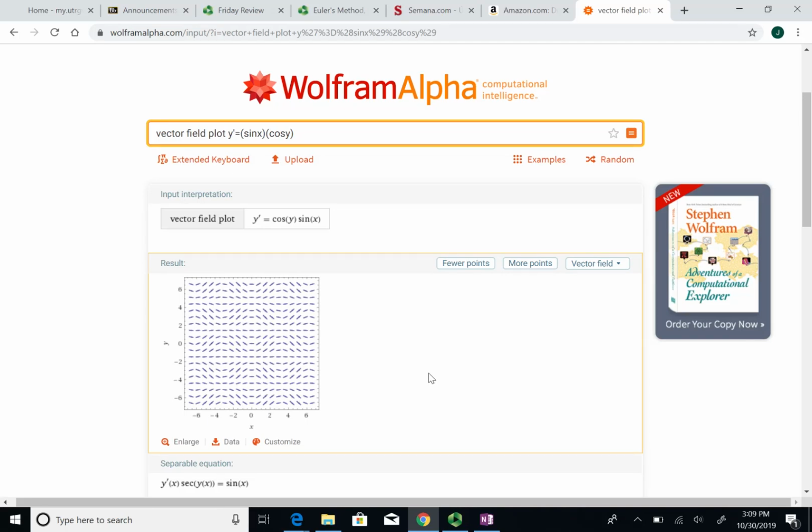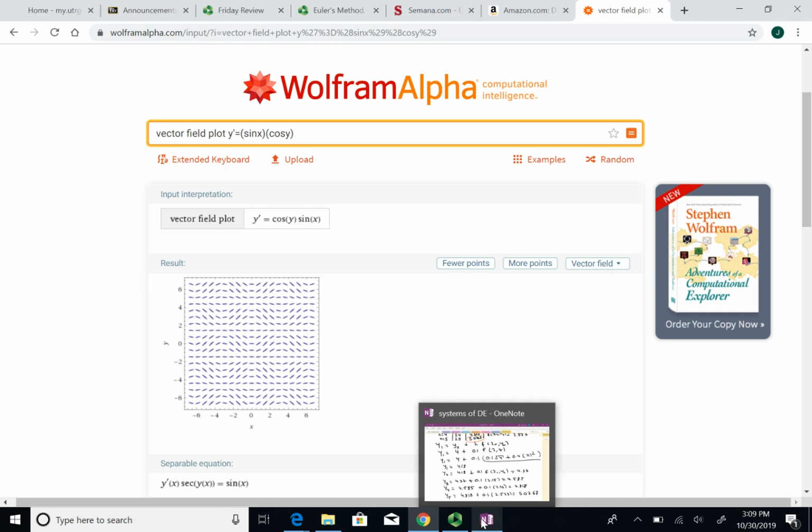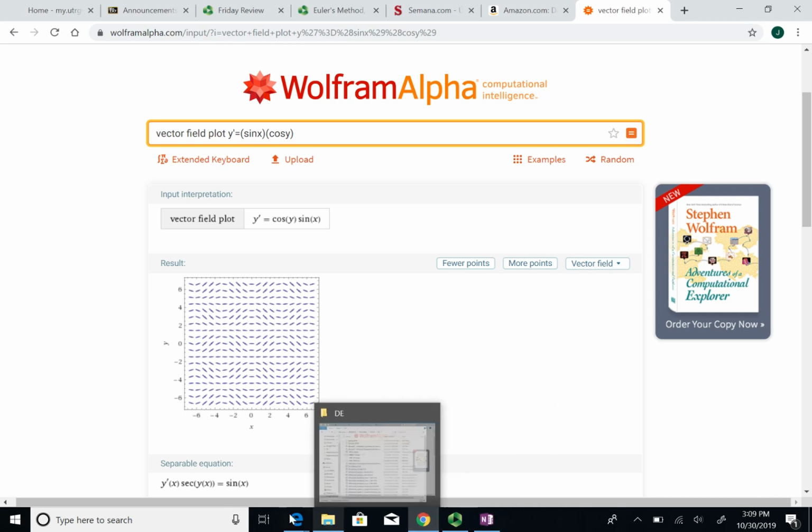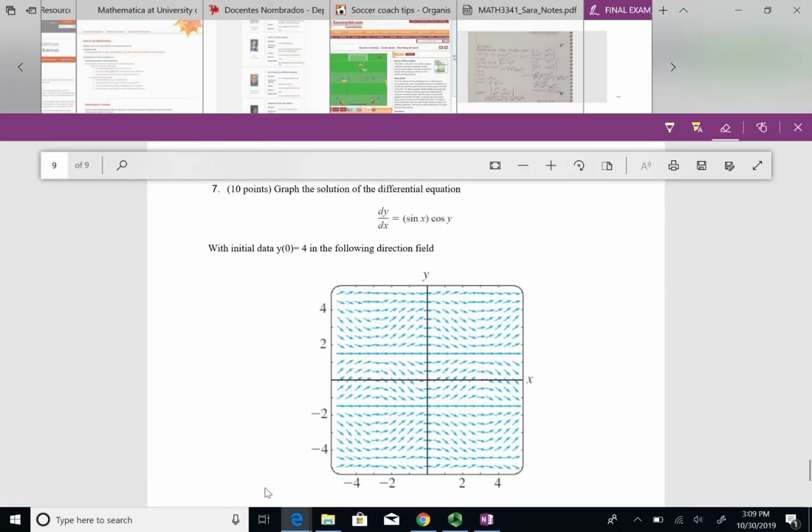Wolfram Alpha and Mathematica are the same thing, but Wolfram Alpha is free and it's probably going to keep being free for many years. Mathematica, you have to pay. Maybe once you are not a student, you are not going to have it. But maybe at the school you have. I know Nicole has it at her school.